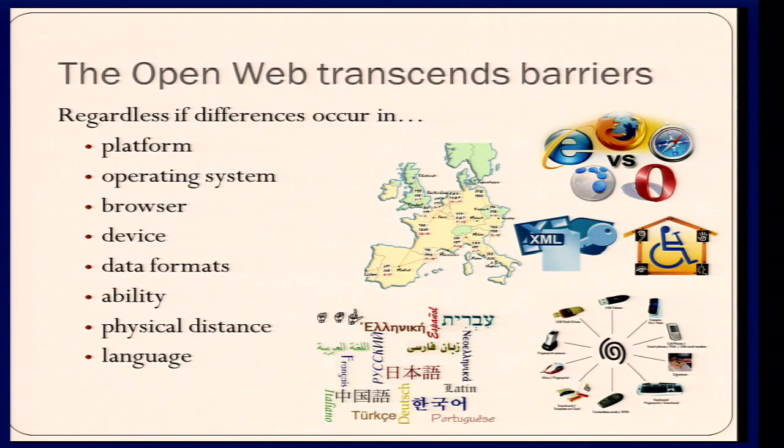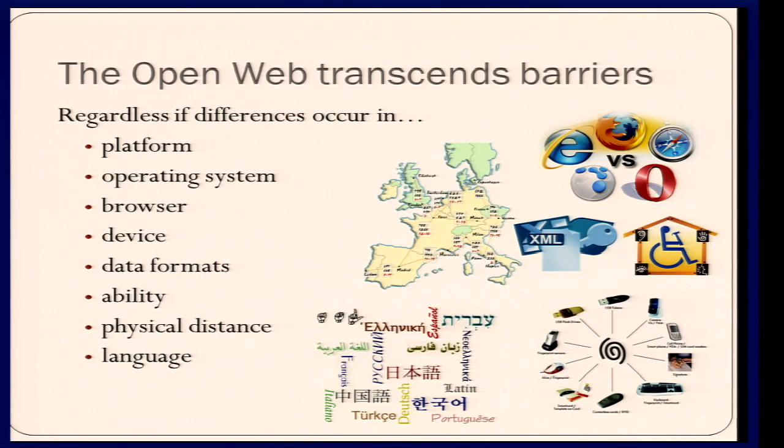And I think, if we just took a minute, we can think of all kinds of things that cause differences and that cause disconnects, many of them listed here: platforms, operating systems, different browsers, having to design specific things for specific browsers, devices, data formats.